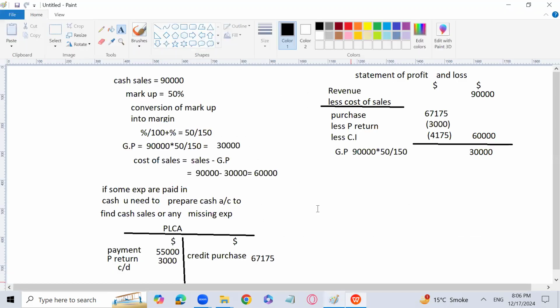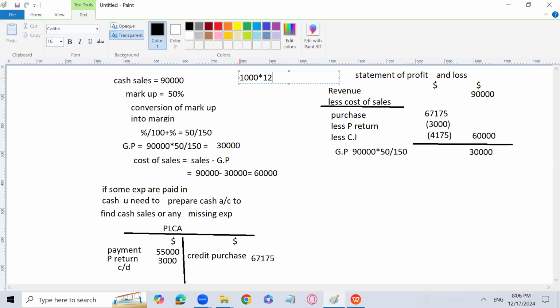But there are also cash wages paid from cash drawn from the bank, 14,600 minus 12,000. Let me write it down, because 1,000 multiplied by 12 is going to be the drawings, which are 12,000. The remaining amount of the cash withdrawn from the bank is used to pay the wages. So I am going to subtract the expenses.